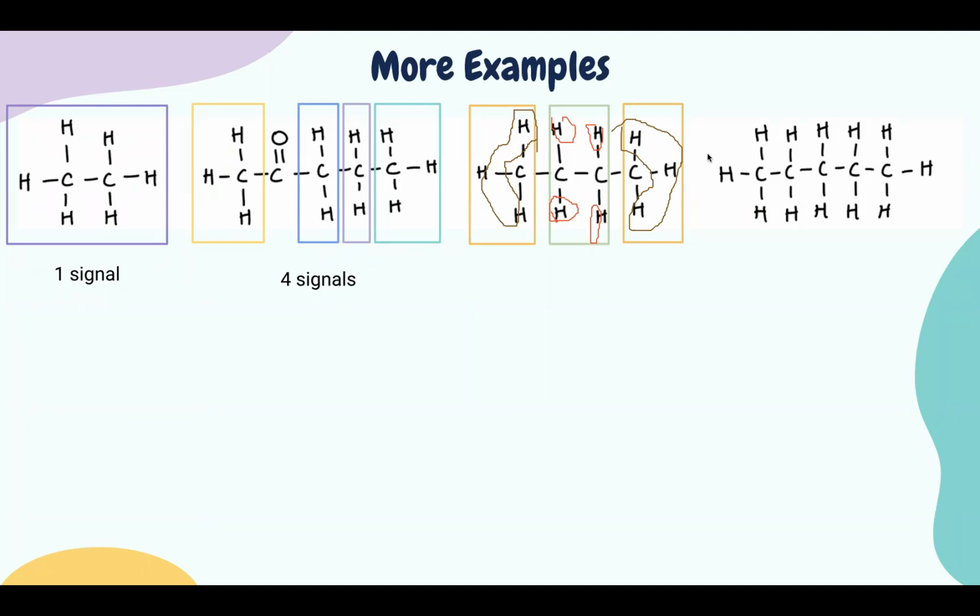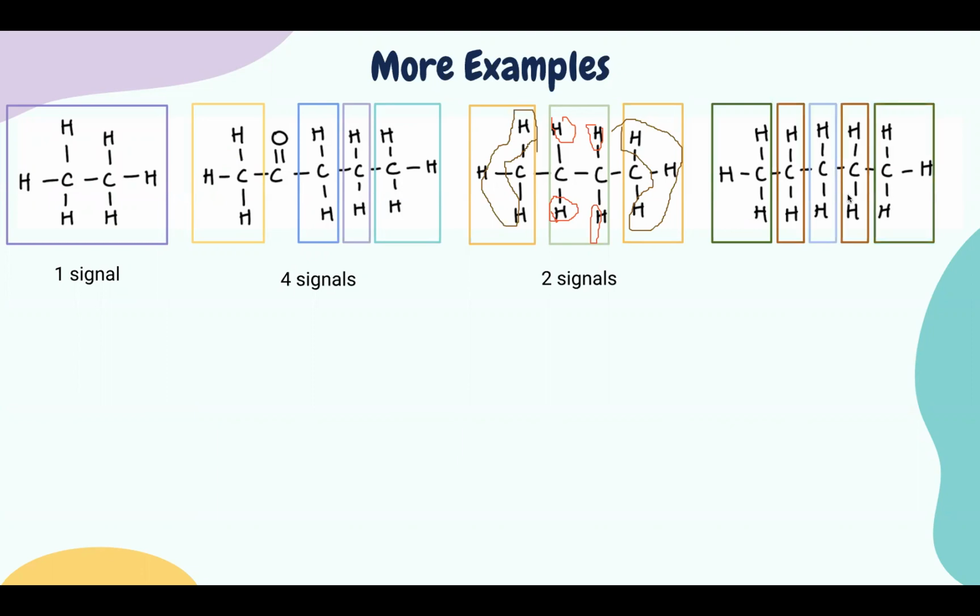So similar to the structure before, you have these two methyl groups that are attached, let me box it, to the brown CH2 groups, and both of these CH2 groups are bound to both a methyl group and the blue CH2 group here in the middle. So that would give you three signals. Does that make sense?